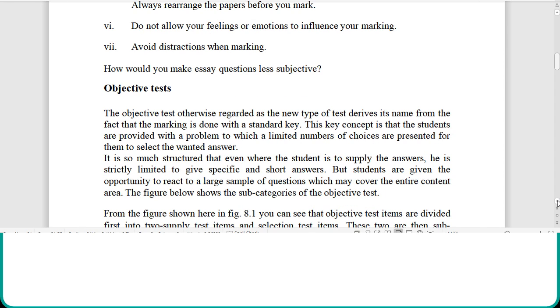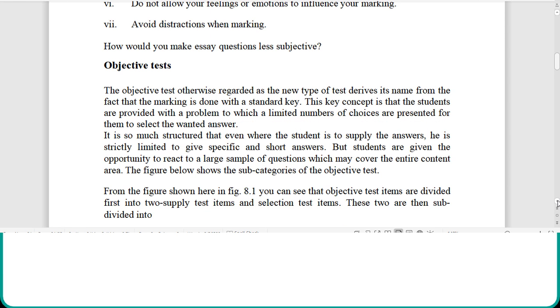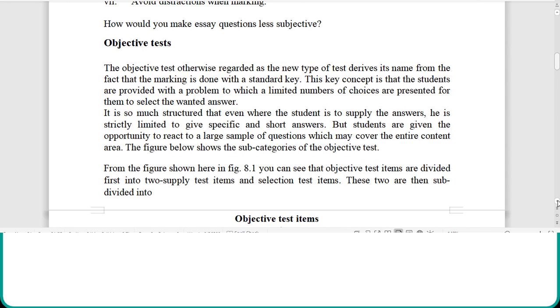A second type of test is the objective test. The objective test, otherwise regarded as the new type of test, derived its name from the fact that the marking is done with a standard key. The key concept is that the students are provided with a problem to which a limited number of choices are presented for them to select the wanted answer.